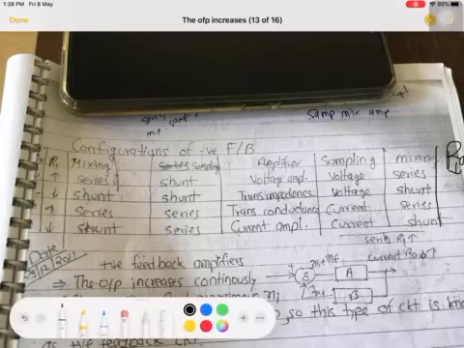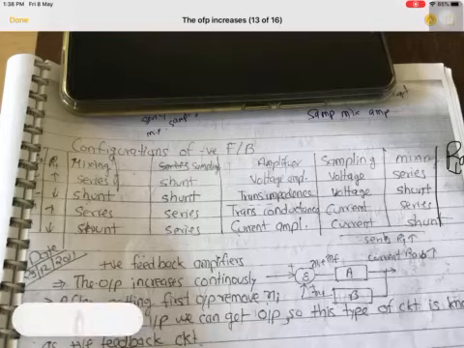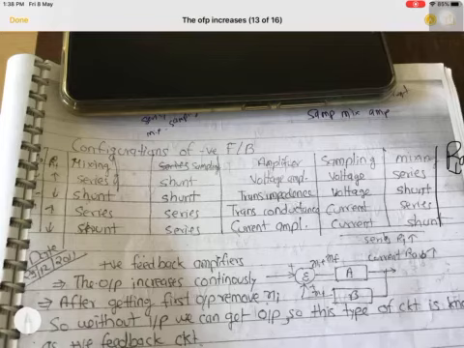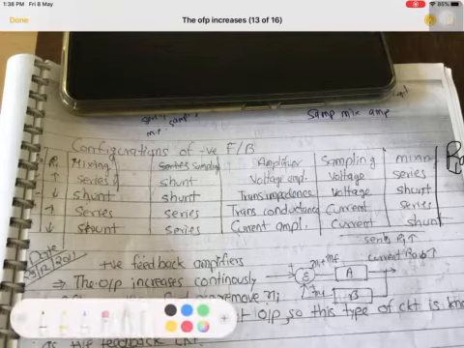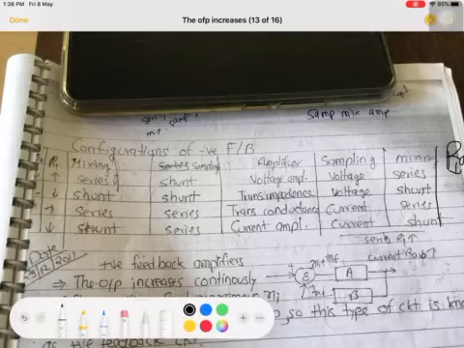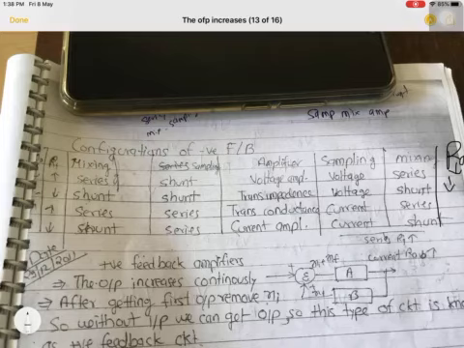Now if we talk about transimpedance, in transimpedance we are taking sampling in shunt, therefore the net output resistance will also decrease. And what will happen to the input impedance? We are also mixing in shunt, so the input impedance will also decrease.